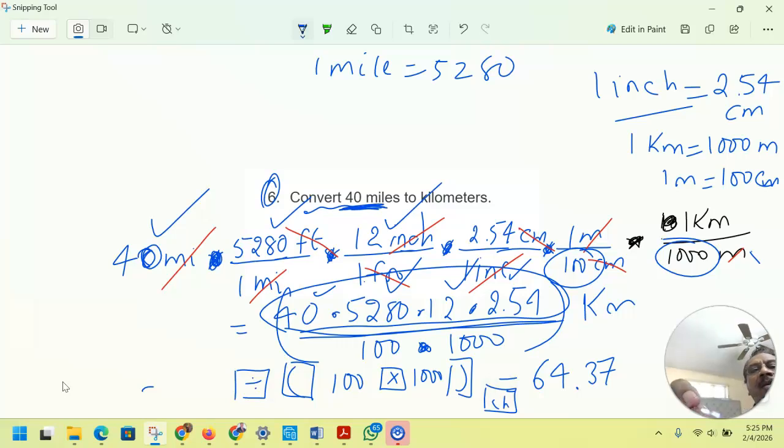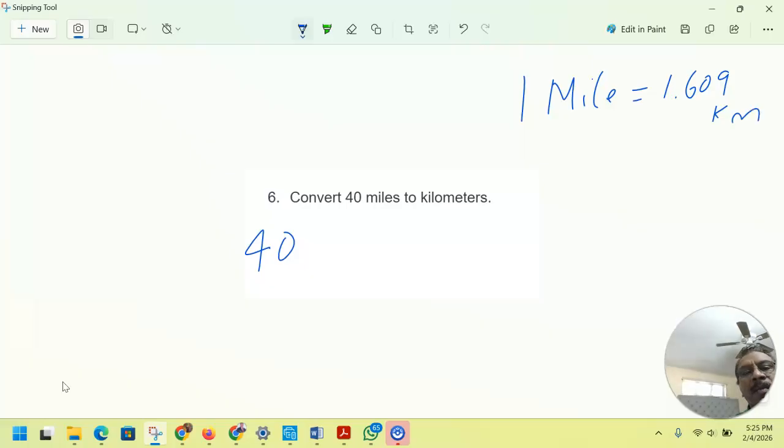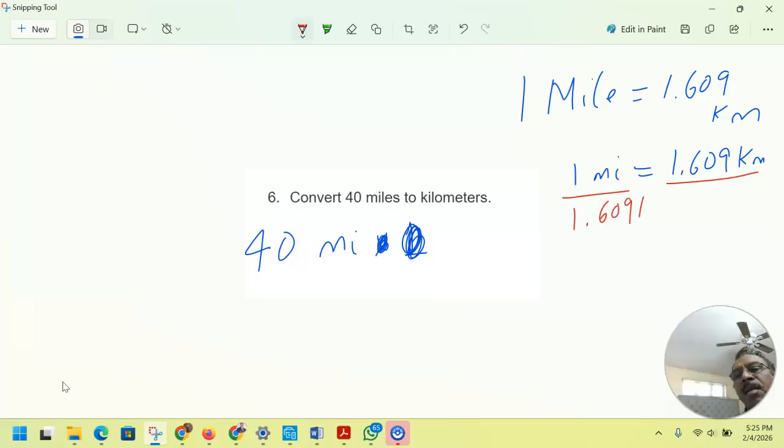Now the question is, is there another shortcut way to do it? Let me wipe this off and write directly. If you know 1 mile is 1.609 kilometers straight away, then instead of 40 miles, we're going to multiply by 1. When I write 1 mile is 1.609 kilometer, I divide both sides by 1.609 kilometer.